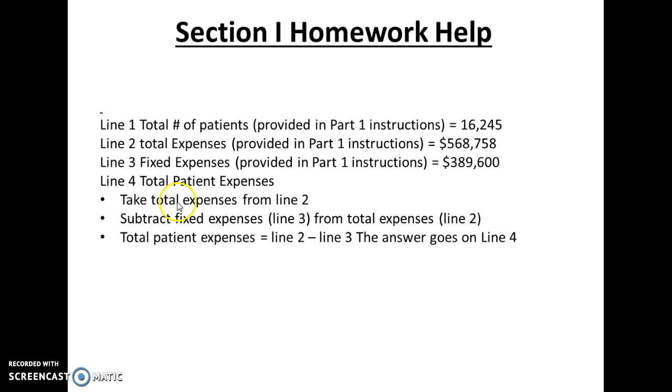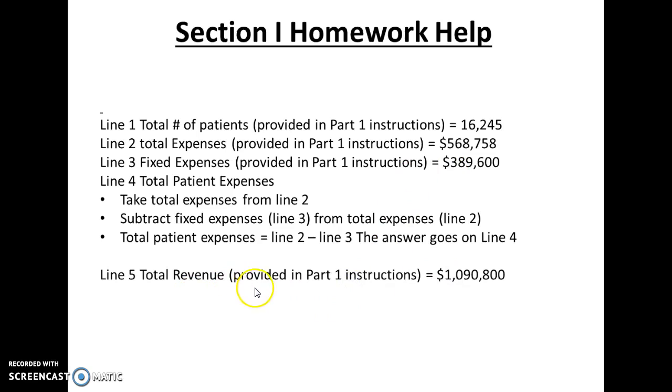For line 4, in order to get total patient expenses, you'll take the total expenses from line 2 and subtract line 3 to get your answer. Line 5 is the total revenue, which is provided to you, and that's 1,090,800.